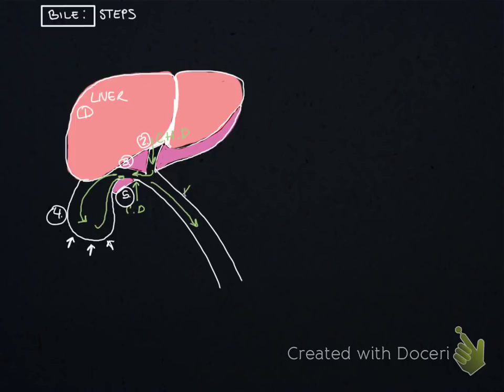Down the common bile duct. That'll be number 6. And then finally into the duodenum, where it will emulsify fats, basically opening up fats so that enzymes like lipase can come in and break those fats apart.